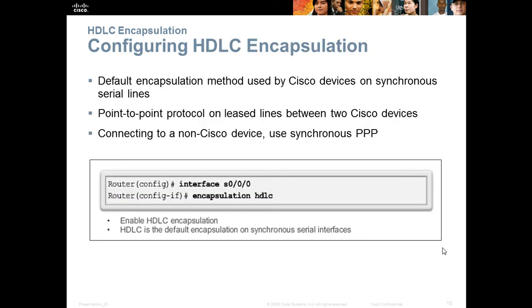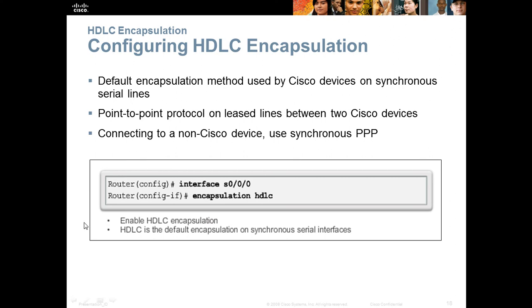How to configure HDLC encapsulation? It is the default encapsulation method used by Cisco devices on synchronous serial lines, for point-to-point protocol on leased lines between two Cisco devices, and when connecting to a non-Cisco device using synchronous point-to-point.